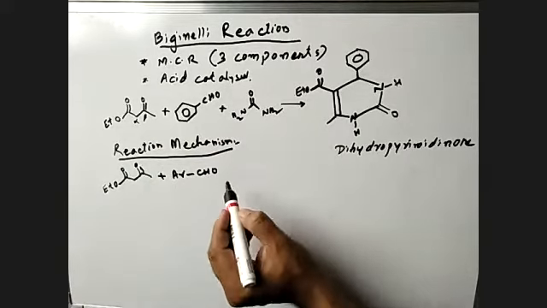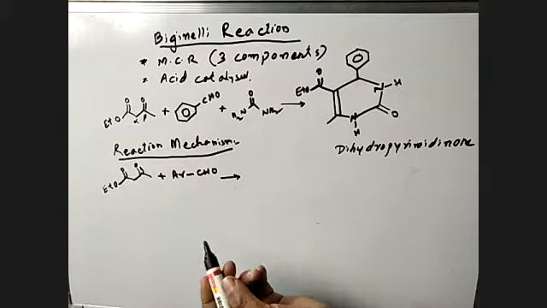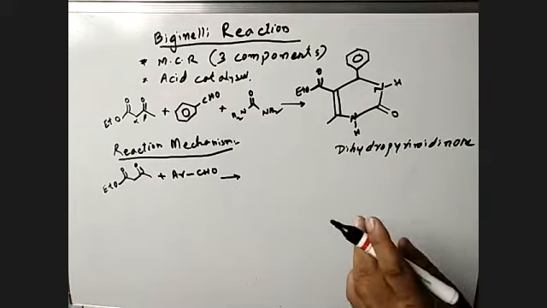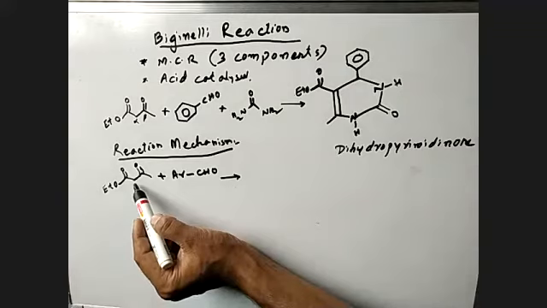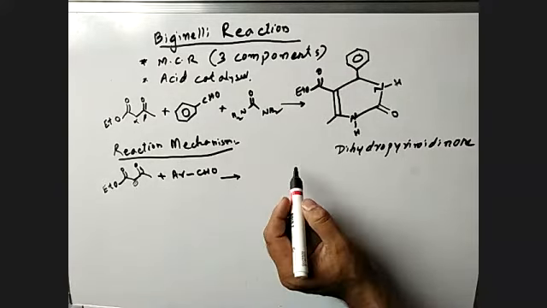So what is the first step? These two react and an aldol type reaction takes place. As we know, this is acid catalyzed, so there is a development of charge here. It will attack this carbon, and see what is going to form.